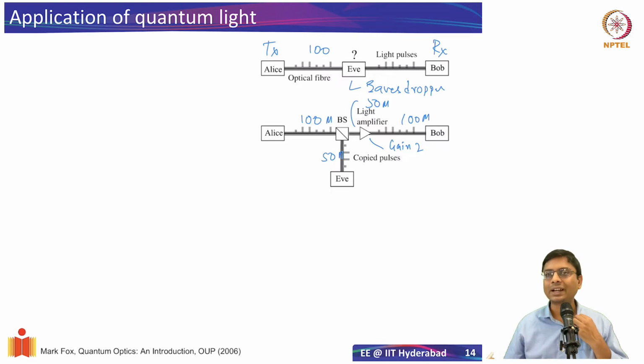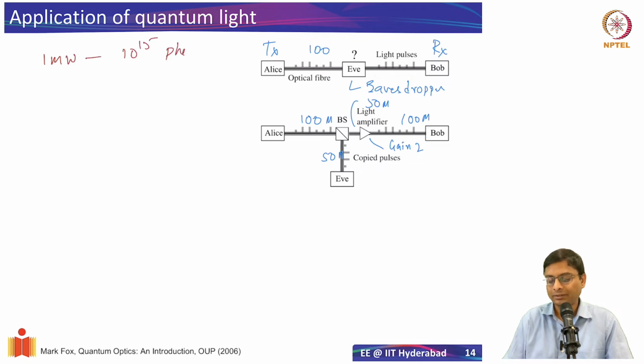Now to withstand that, what scientists are proposing is to use quantum light sources or quantum keys. Instead of classical light, let's say classical light means 1 milliwatt of light has 10 to the power 15 photons per second, correct?